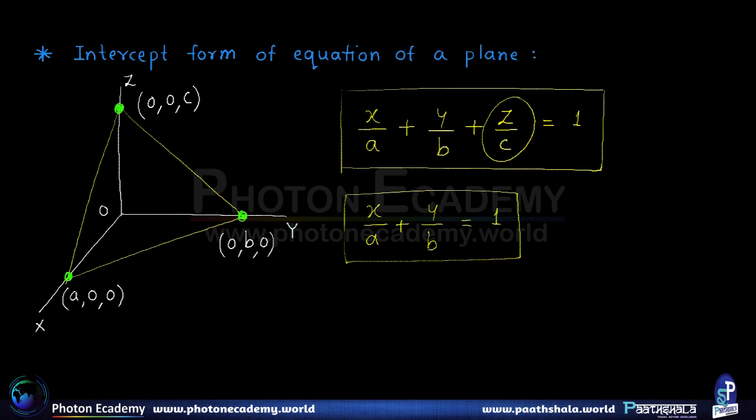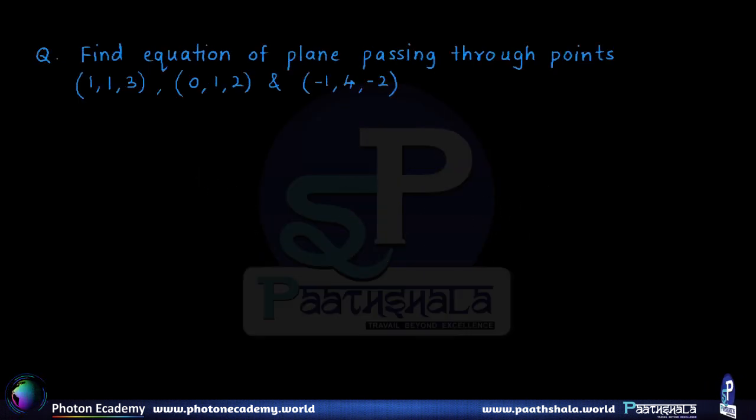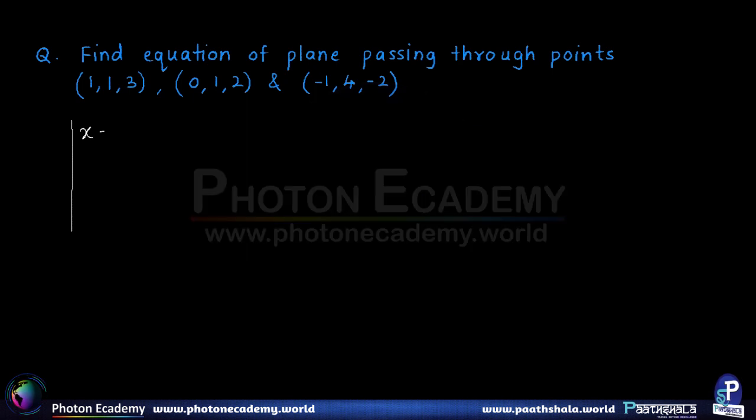Let's go ahead and solve one example. Find the equation of the plane passing through these three given points. Since we are given three different points, let us use the Cartesian form. So x minus x1, then y minus y1 and z minus z1. We are going to subtract these values from x, y, z.